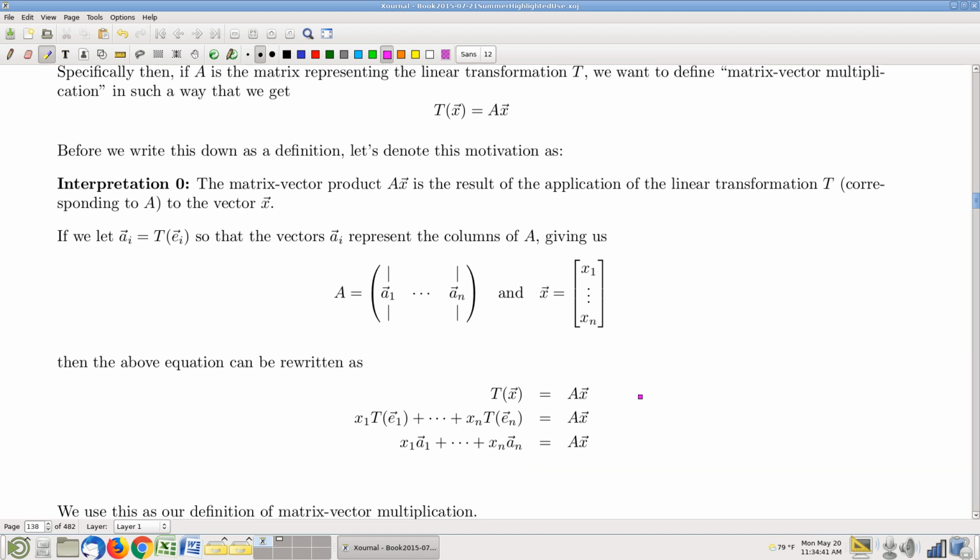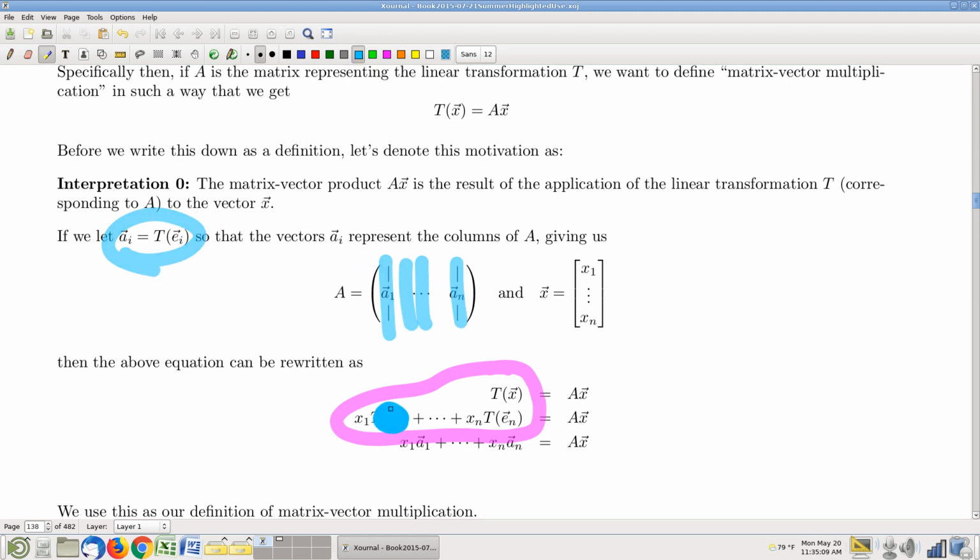So keep in mind these columns are the images of the standard basis vectors. That's our convention for what a matrix is. So I'm going to give those names. I'm going to call them A1 through AN. And look, T of X, by linearity, is this. These columns are what those images are.